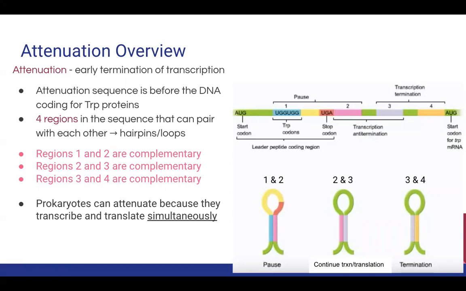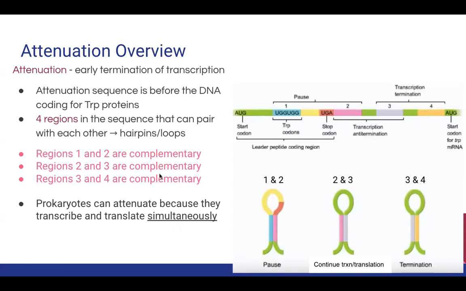And this is before the DNA sequence for TRP proteins. There are 4 regions shown here, and these 4 regions are complementary to each other. There are a few different pairs that can form: between regions 1 and 2, 2 and 3, and 3 and 4.